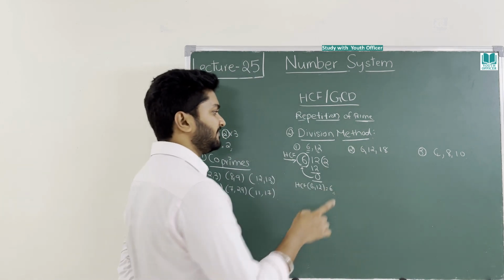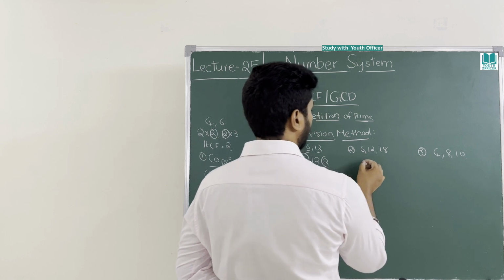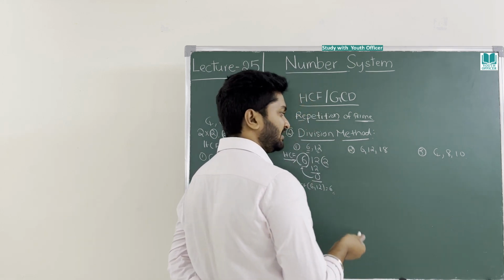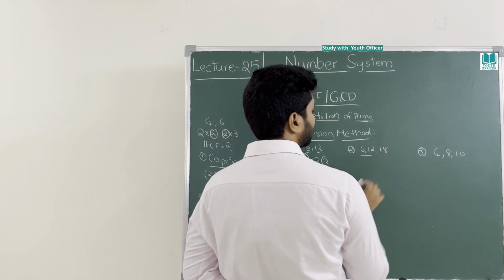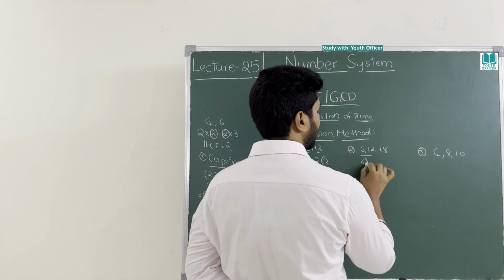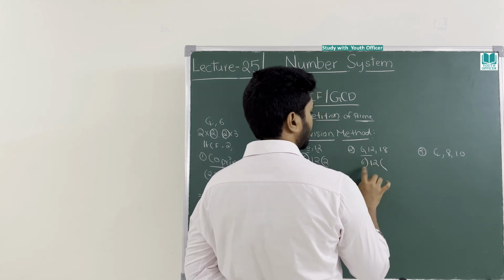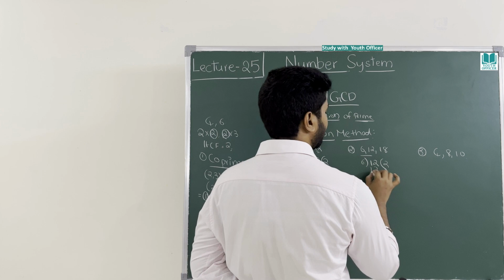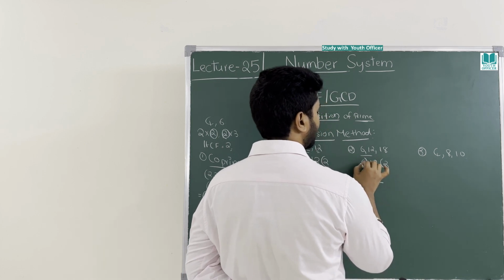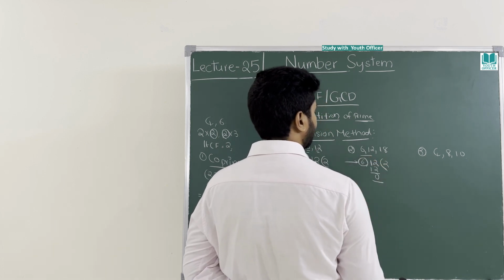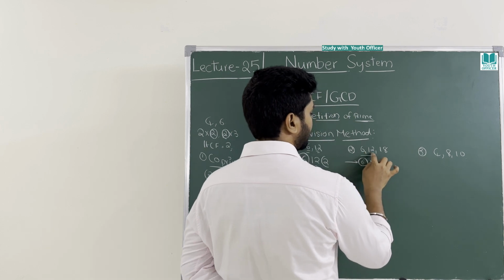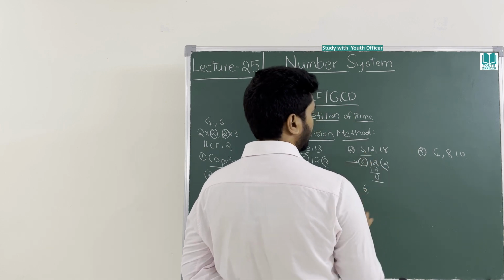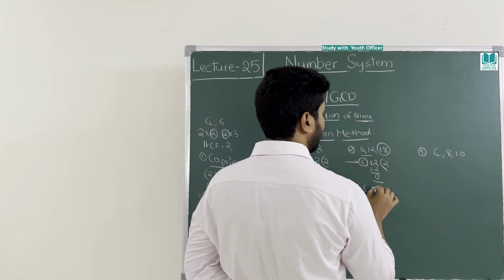Now we will try to find it for 6, 12 and 18. You can take any two numbers first and calculate. First I will take 6 comma 12. 6 is here, 12 is here. How many times? 2 times 12, remainder 0. Once you get the remainder, the divisor will become the HCF. So the HCF for 6 comma 12 is 6, and the third number left over is 18.